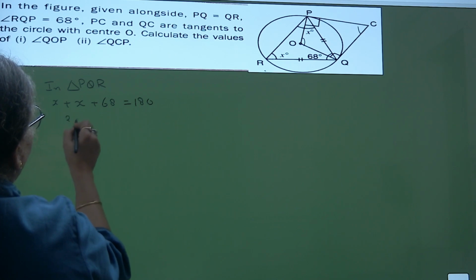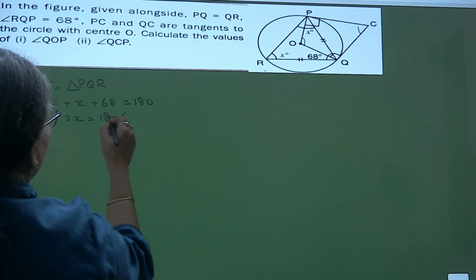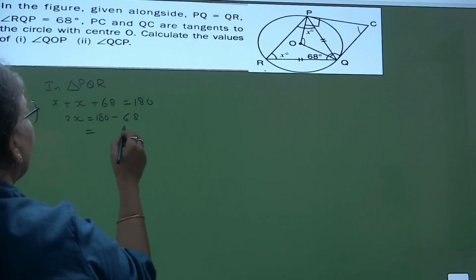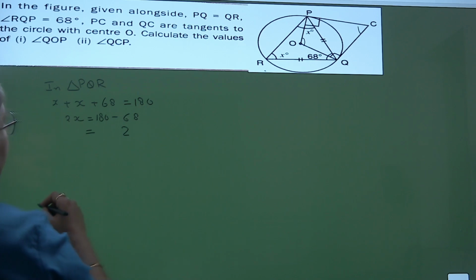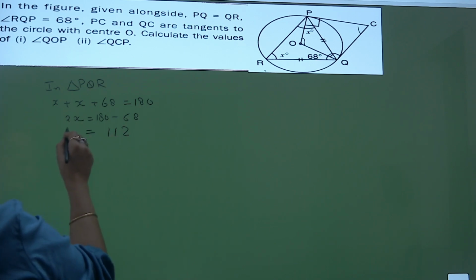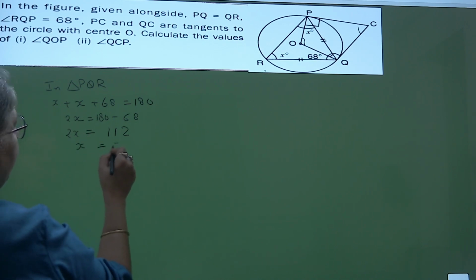So twice x is equal to 180 minus 68. So the value of x is 56 degrees.